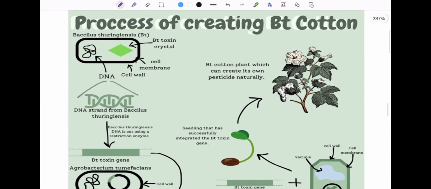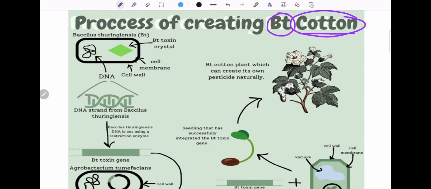So here is the process of creating Bt cotton. Firstly, we need to know the genetic engineering process, how we can create Bt cotton. Bt means Bacillus thuringiensis. So Bacillus thuringiensis produces Bt toxin, and we are incorporating this Bt gene into the cotton plant.